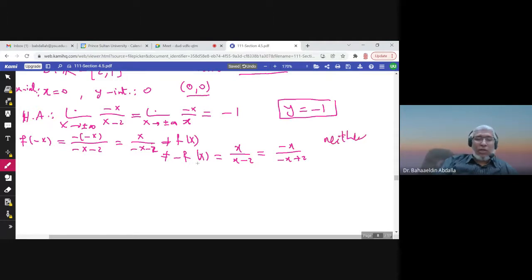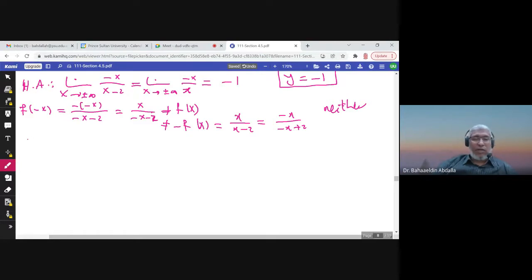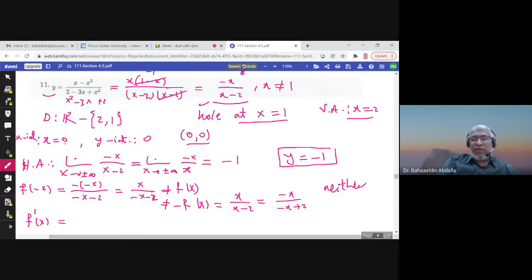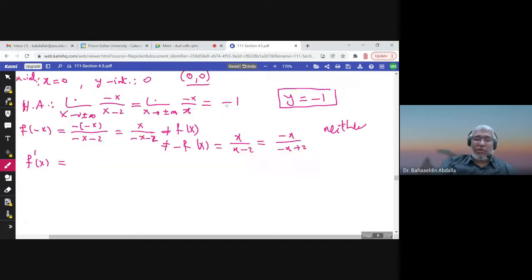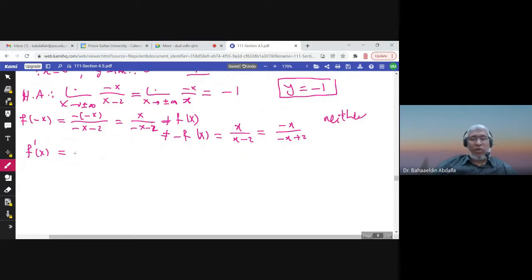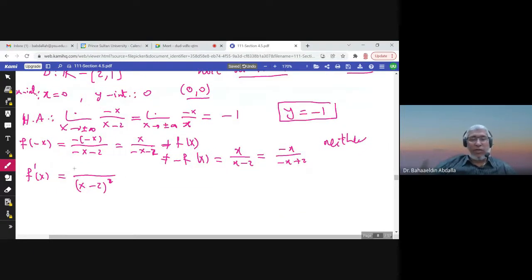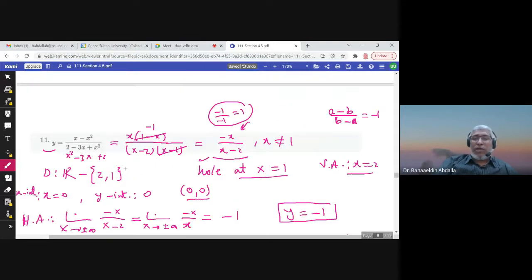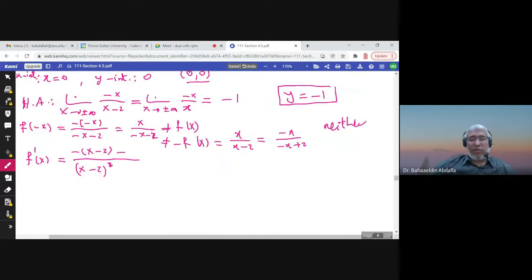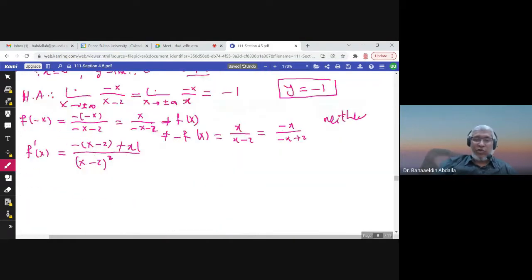Okay, good. Let us now start finding the derivative. This is f. Okay, the derivative, I'll use the quotient rule. So x minus 2 to the power 2. The derivative of the numerator is negative 1 times the denominator, minus the numerator, which is negative x, so this would be positive x, times the derivative of x minus 2, which is 1.